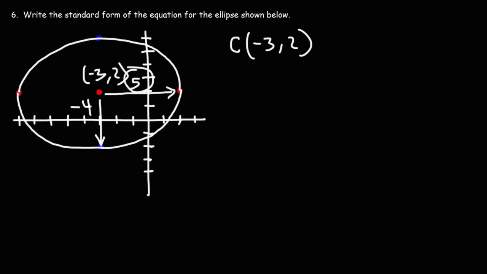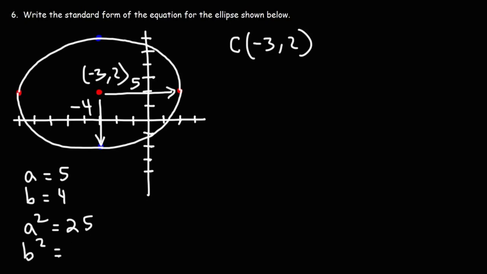So a is going to be the bigger number. That means a is 5, b is 4. If a is 5, a squared is going to be 25. B squared is 16. So now that we have the values of a squared and b squared, and we have our center, we can write the standard form of the equation.